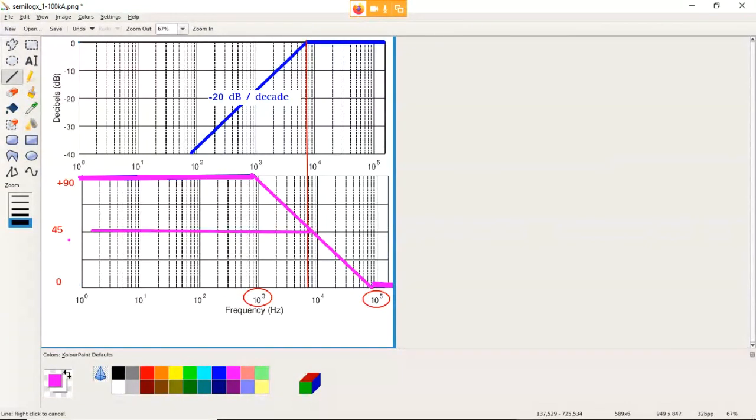Looks like this red line is actually off. The red line should be over here, at this one. It's hard to see at this zoom level, but this angle right here should be our 45-degree angle.